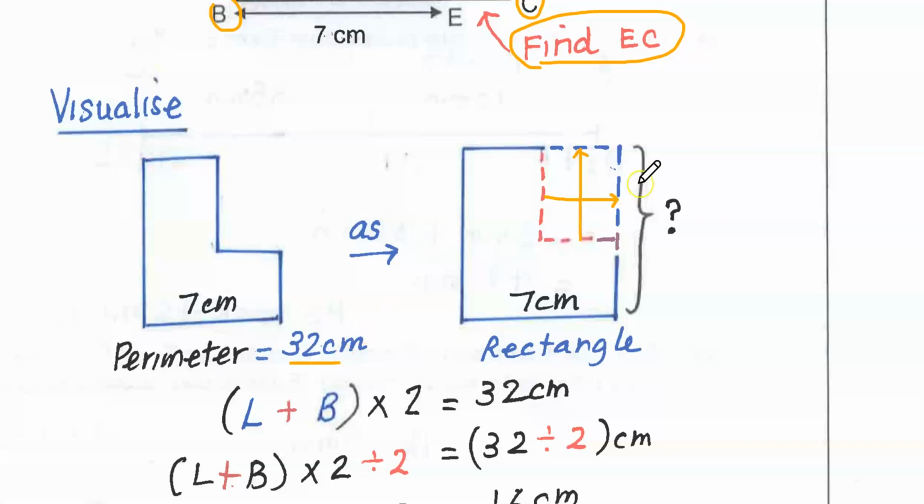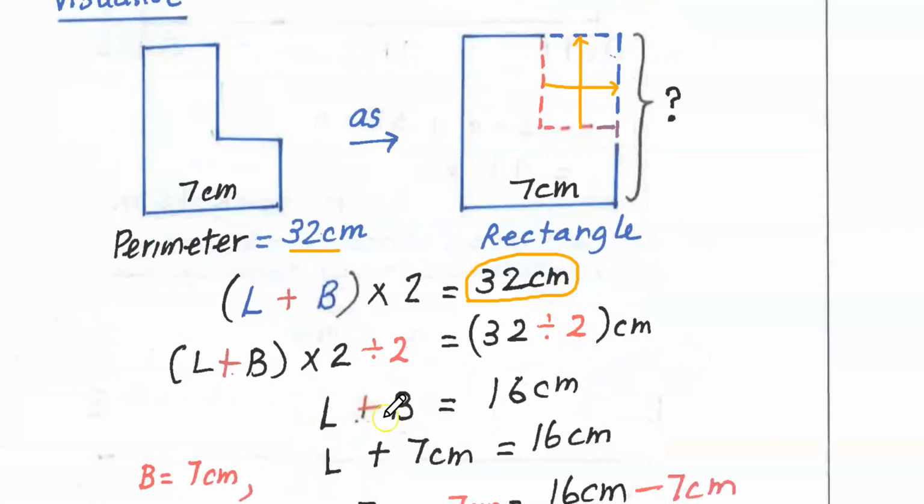So if I have a rectangle like this with a perimeter of 32 cm, I work it out this way. The perimeter is 32 cm. The original length or breadth, either one, which I do not know whether this is the length or the breadth, I just substitute one over here.